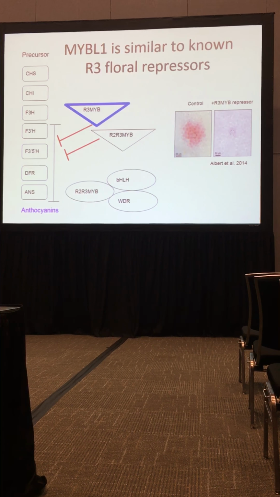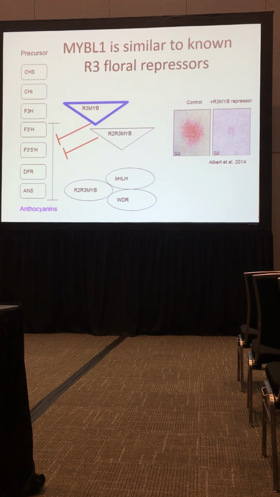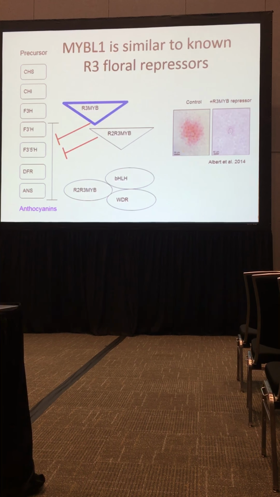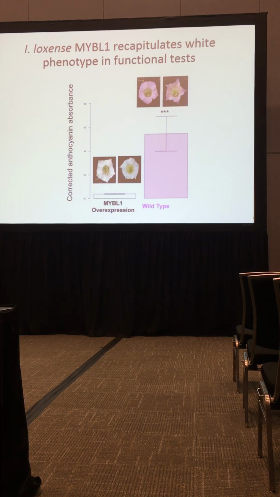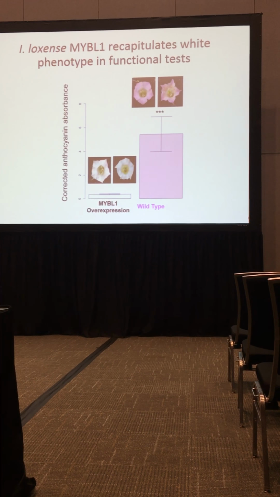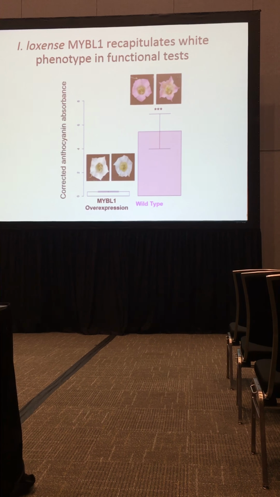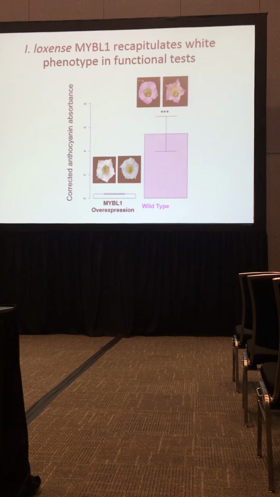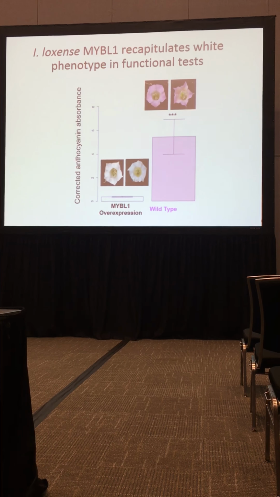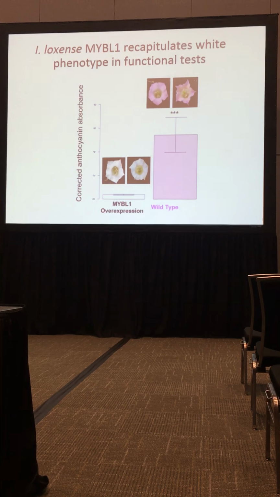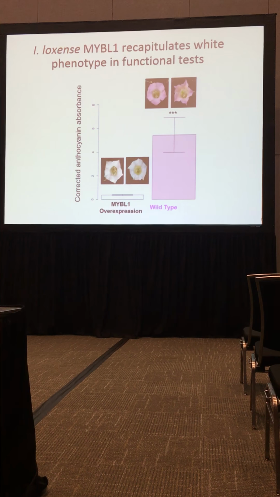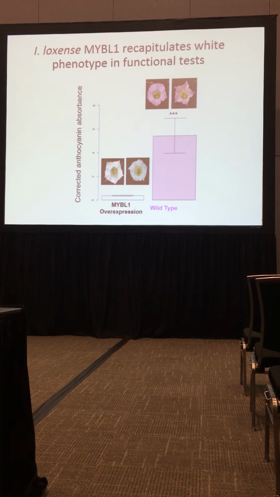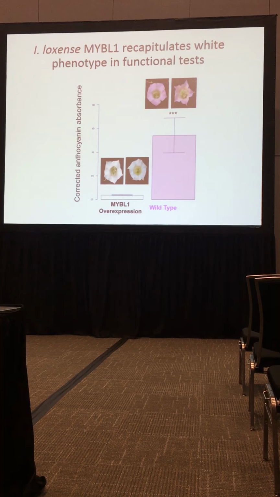So we can then start to set up functional tests to test whether it's a repressor or not, whether it seems to have repressive abilities. And so that's what we've done as well. Since it's expected to be operating as a repressor, we should be able to overexpress it, and then it should abolish pigmentation. And so I made overexpression lines in Nicotiana.